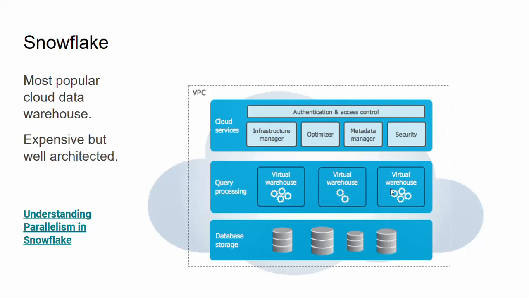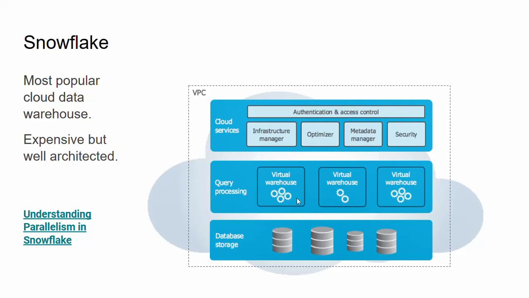Then you have the compute layer. These are just virtual machines running queries against storage. Data are stored in the storage layer, here called database storage. The query processing is done by virtual machines. You can define your virtual machines, here called a virtual warehouse, fetch data, and do all your processing, and you can use another virtual machine running against the same data.